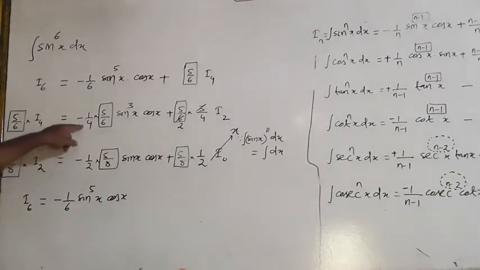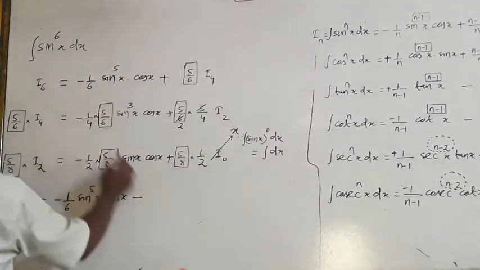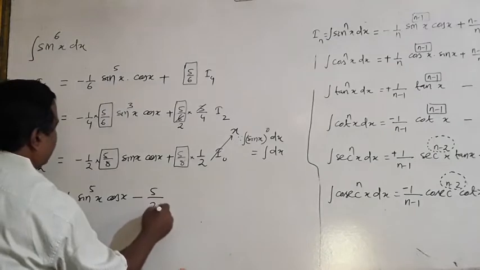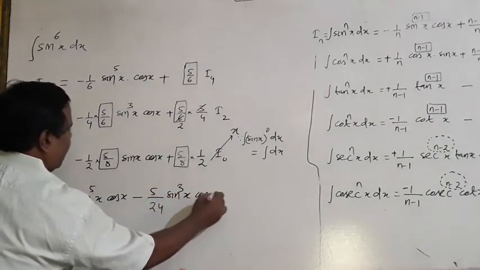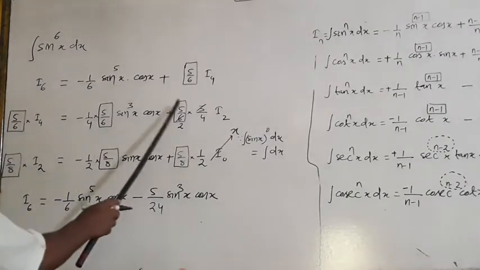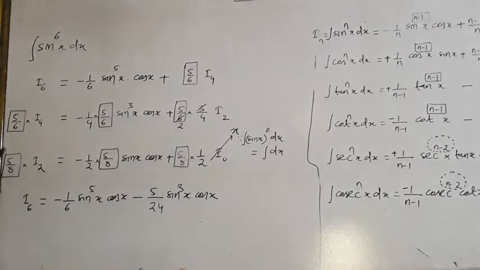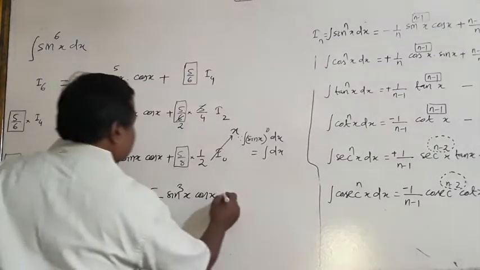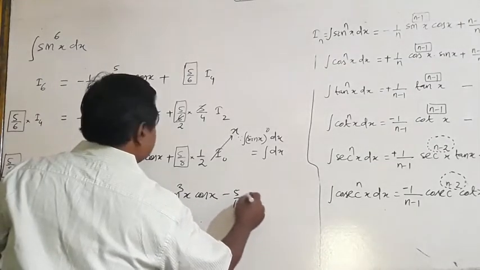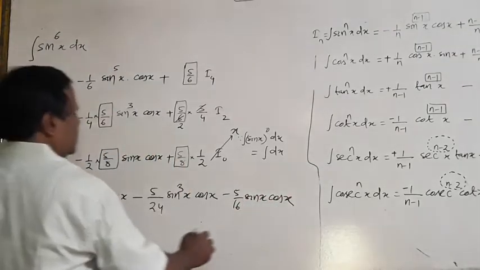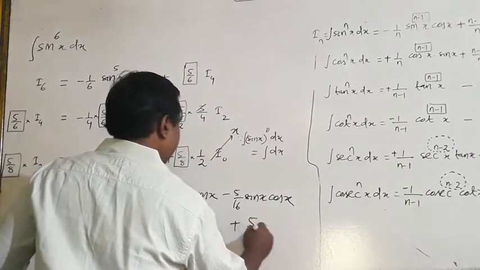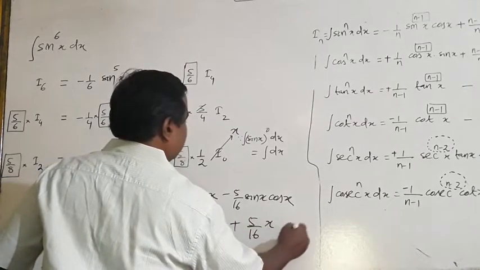You have to write this 5 by 6 I4 minus, it is what? 5 by 24 sin cube x cos x, and it is 5 by 8 I2. And 5 by 8 I2 is what? Minus 5 by 16 sin x cos x plus 5 by 16 x plus c.